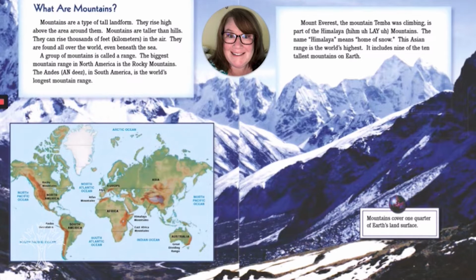The Andes in South America is the world's longest mountain range. Mount Everest, the mountain Tembas was climbing, is part of the Himalayan mountains. The name Himalaya means home of snow. The Asian range is the world's highest. It includes 9 of the 10 tallest mountains on Earth.